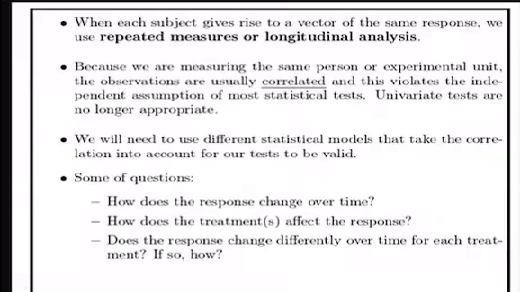When each subject gives rise to a vector of the same response, then we use a repeated measures or longitudinal analysis. And let me tell you this. When we are talking about repeated measures ANOVA, you cannot use the conventional approach of ANOVA.